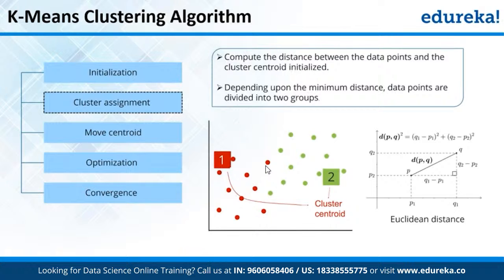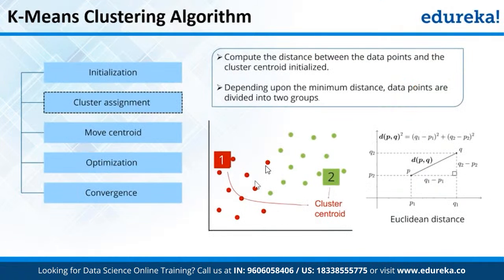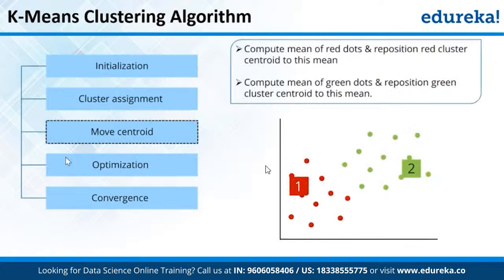It will keep calculating the distance, and the points which are closer to a centroid will form one cluster, and the others will form another cluster. Then the centroid will get calculated again, and this will keep happening every time. Once it has created the clusters with the nearer points, the centroid will get moved.